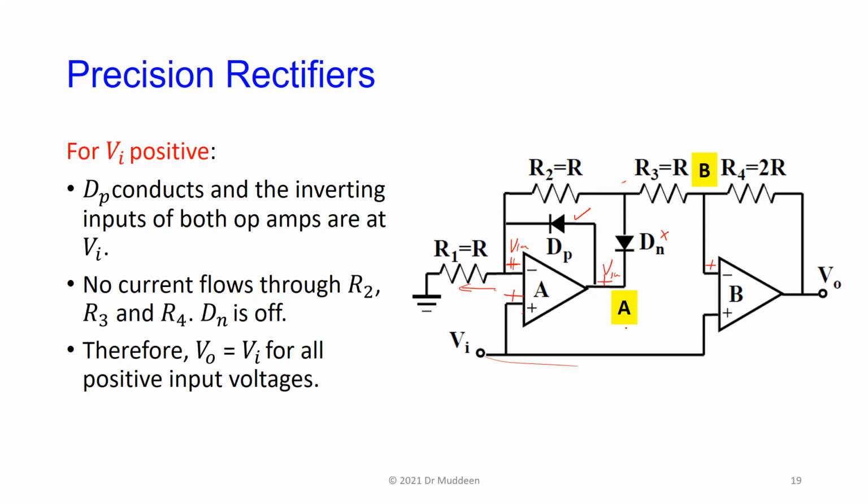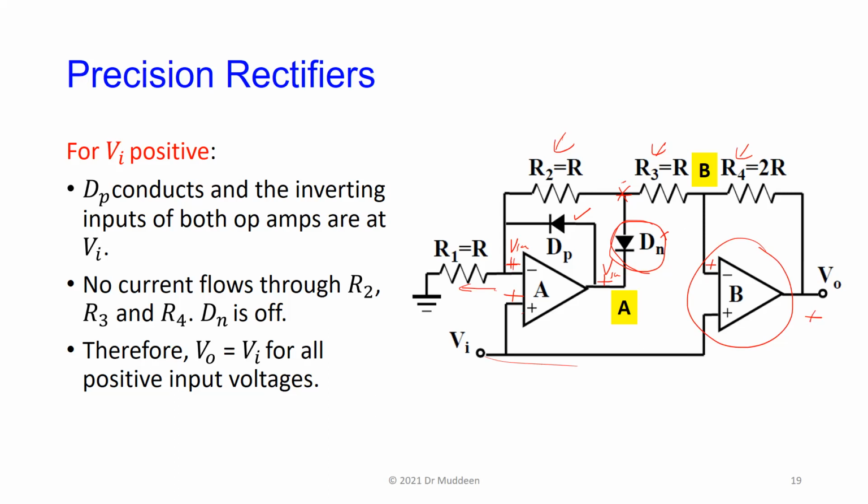If that is the case, and this diode is off, it means this point here is disconnected, so you have no current flow going through these points at all. So the only output is as a result of this amplifier here. So we have a positive output coming here.